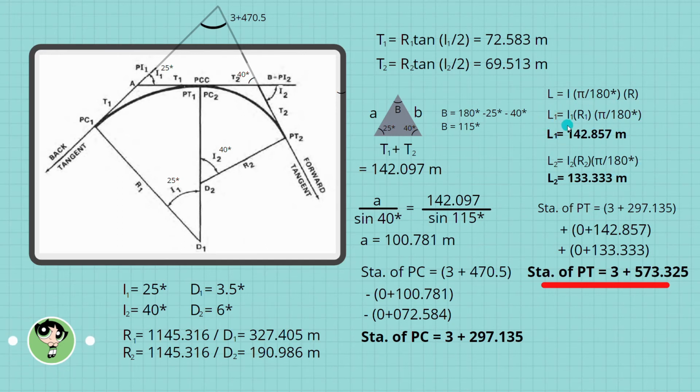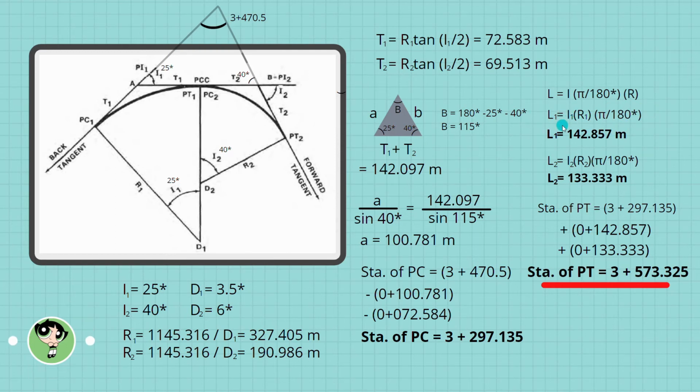L1 is equal to I1 times radius 1 times pi over 180 degrees. L2 is I2 times radius 2 times pi over 180 degrees. Since we have all the values solved, we will just plug them in.